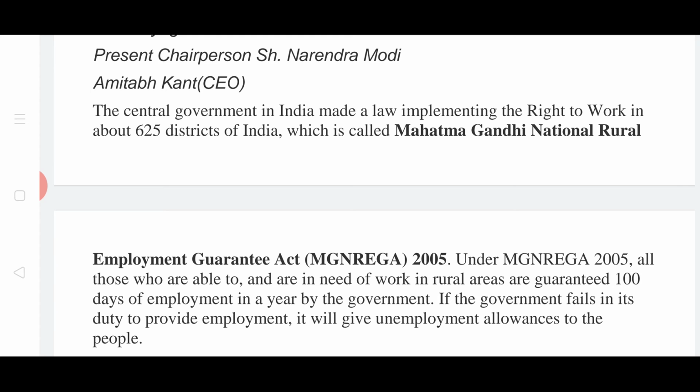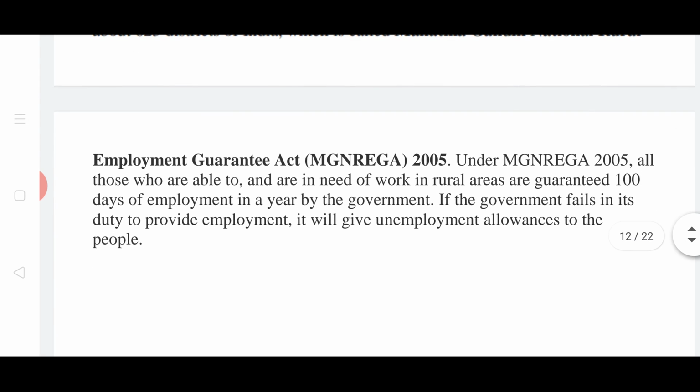According to this, 100 days of work is guaranteed, and one will get wages partially and food for work also. If the government fails in its duty to provide employment, it will give unemployment allowance to the people. If someone is registered for MGNREGA and does not get 100 days of work in a year, the government will help him or her through unemployment allowance.